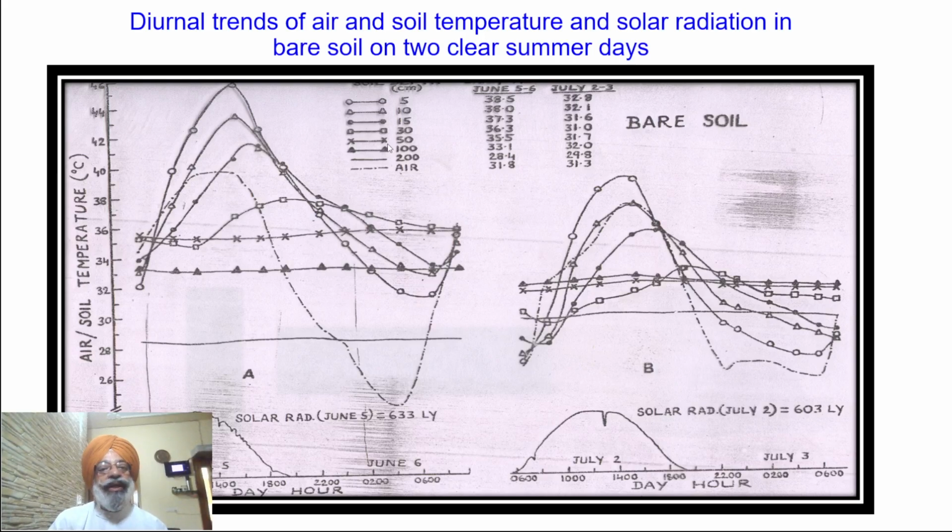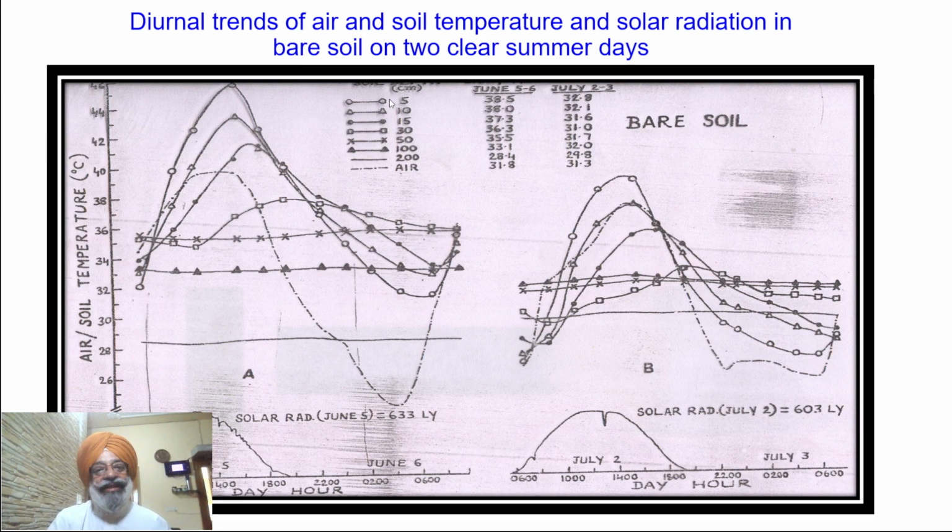Number one. Number two, if this peak appeared 3.5 hours after the peak of solar flux, this peak at 10 centimeter was further delayed, at 15 further delayed, at 30 you can see further delayed. So as soil depth increases, this peak maxima or peak soil temperature gets shifted or delayed.